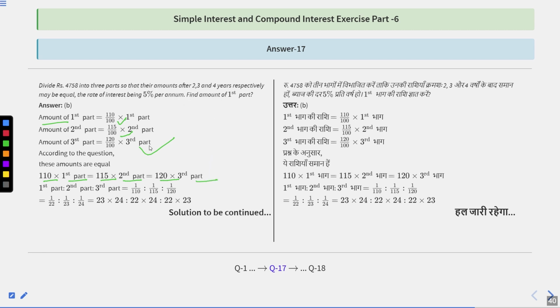Clear? So the first part ratio, second part ratio, third part ratio will become 1 upon 110 ratio 1 upon 115 ratio 1 upon 120. When we make them in integer form, we multiply them by 23 into 24, 22 into 24 and 22 into 23.